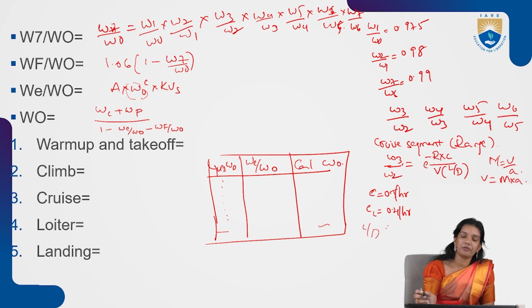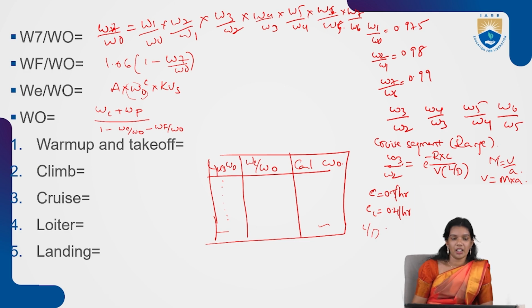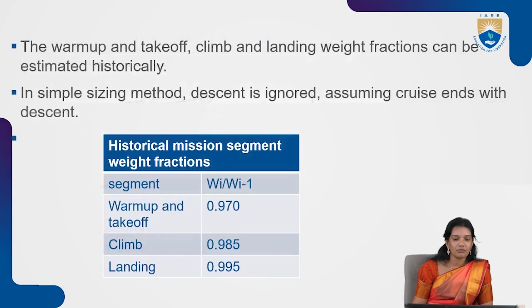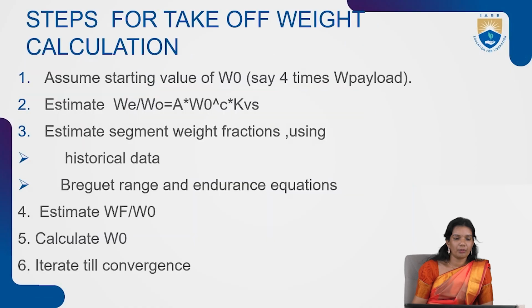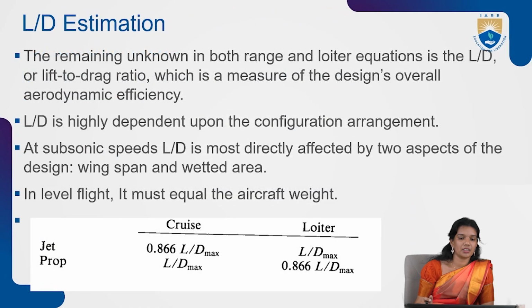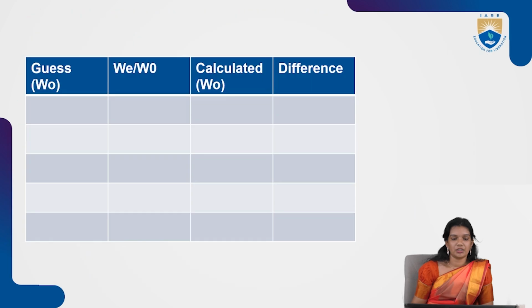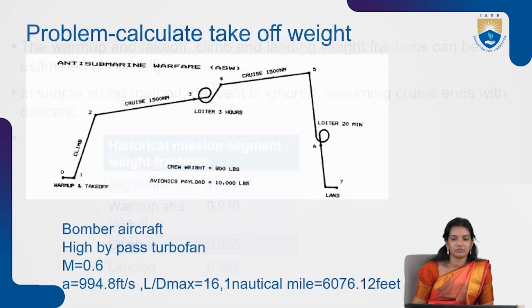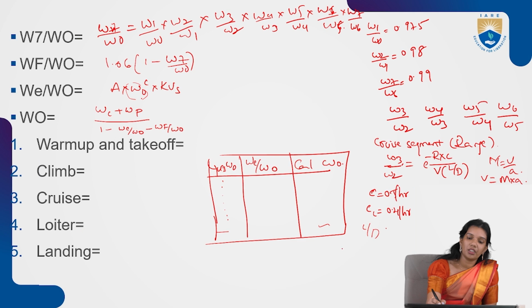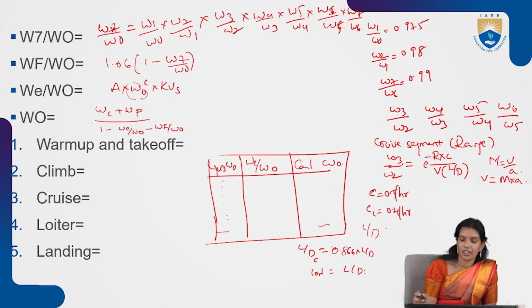Then all I have to find is L by D. How do I find the L by D estimation? Let us go back to the table and see. L by D estimation for a jet in cruise is 0.866 L by D max. For loiter, it is L by D max. So L by D for a cruise is 0.866 into L by D max, and for loiter it is simply L by D max.